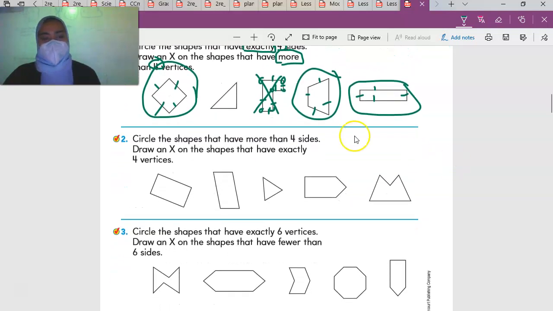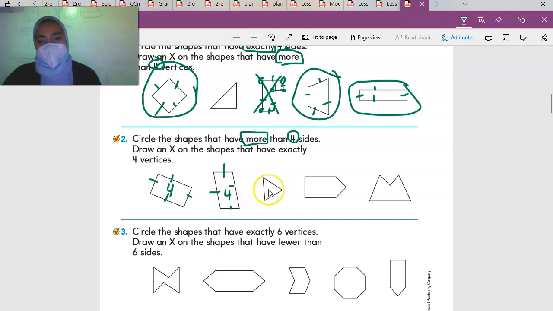It's not too hard. Circle the shapes that have more than 4 sides. So more than 4 sides. I'm going to do that first and then I'll read the second part. Does this one have more than 4 sides? No, this one has exactly 4 sides. Does this one have more than 4 sides? No, this one has exactly 4 sides.